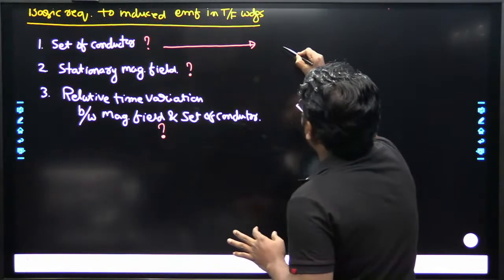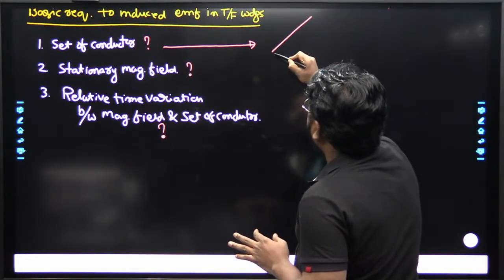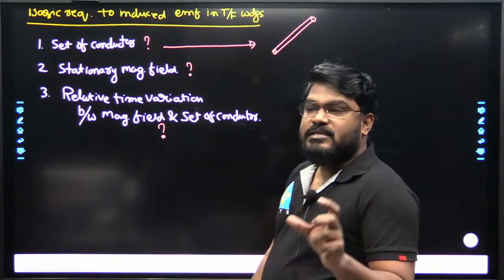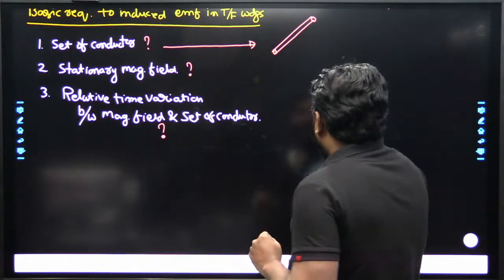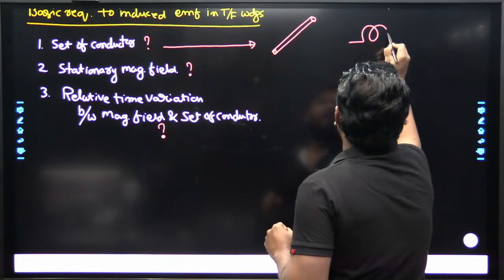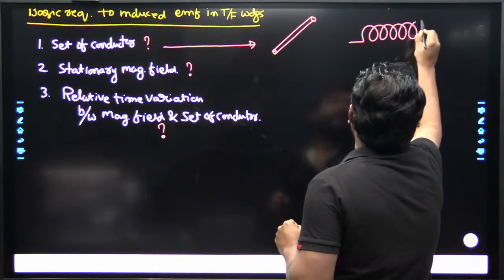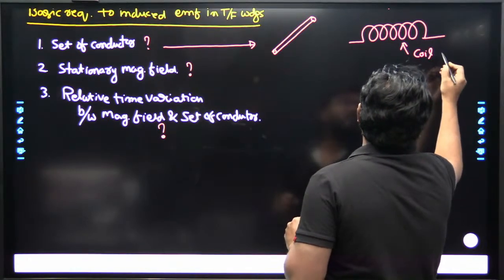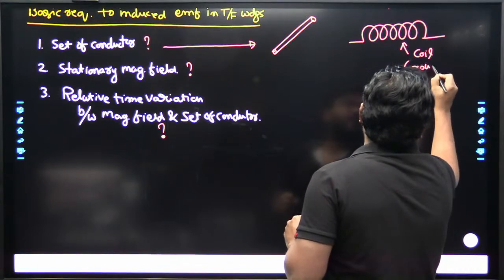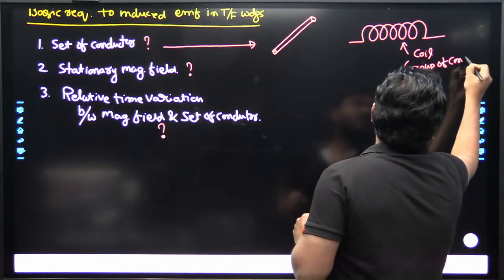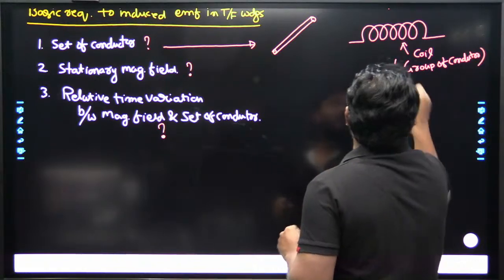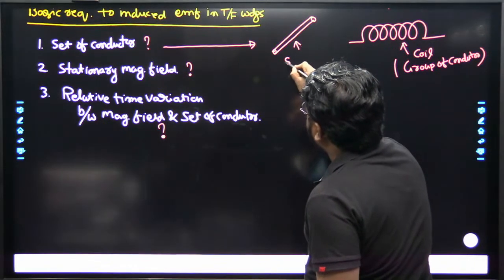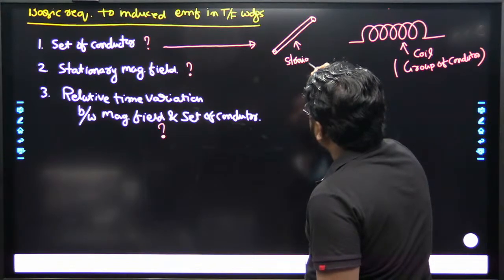Listen, suppose we have one conductor like this; this type of conductor is called a straight conductor. Next, when all the conductors are wound like this, this is called a coil. A coil is a group of conductors, or a set of conductors. This type of conductor is known as a straight conductor.